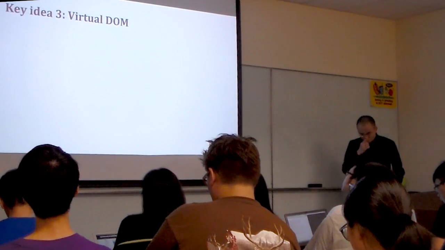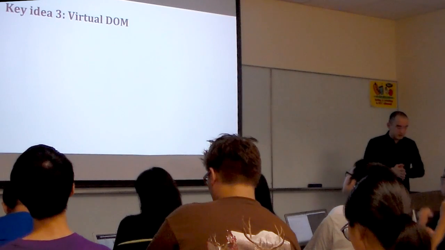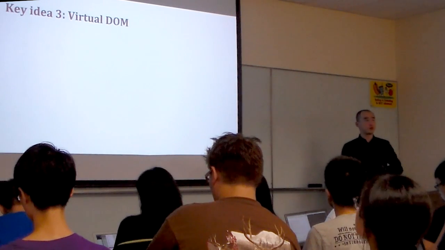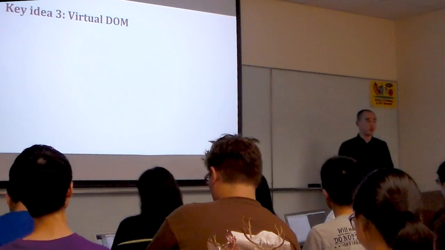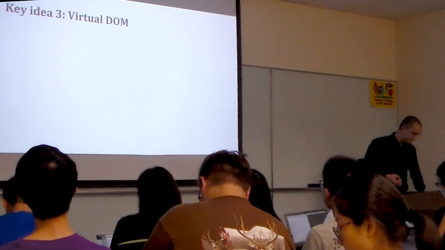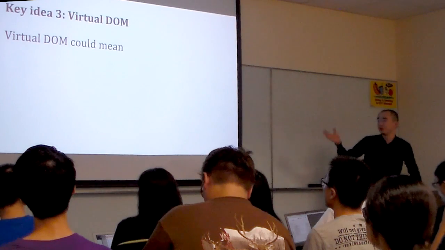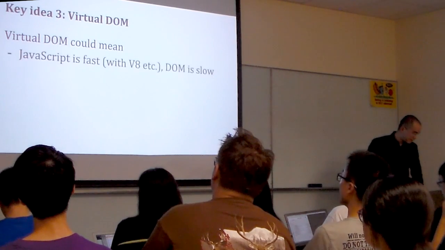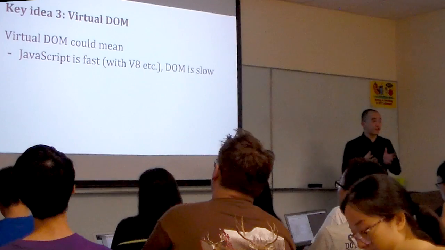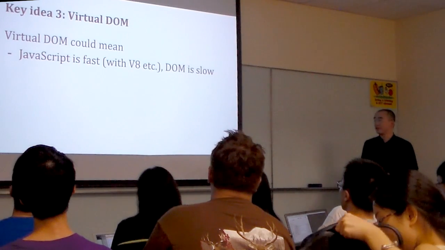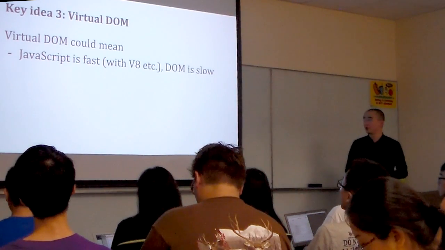And to do that, we probably need something more efficient, because if we re-render the DOM tree every time it changes, it's very inefficient. So a lot of people are talking about the virtual DOM, which is a feature of React. The idea is that JavaScript is fast with the recent invention of V8 and all those very fast JavaScript engines.